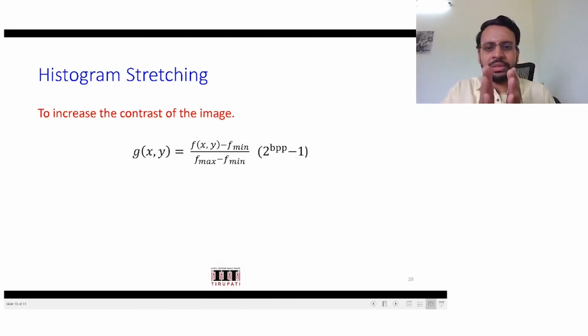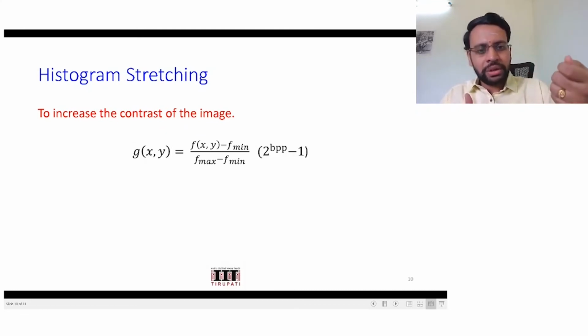The intensities which were earlier equal to 50 and 100 are now mapped to 0 and 1, and this is multiplied with the largest intensity value that you could have in the image. BPP is bits per pixel, used to represent the intensities. So in the case of an 8-bit integer, this is 2 to the power 8 minus 1, equal to 255.